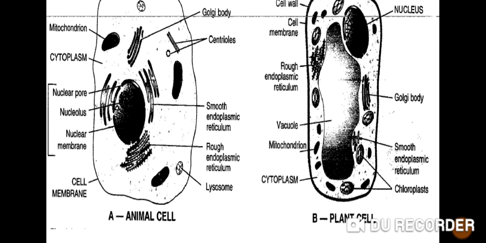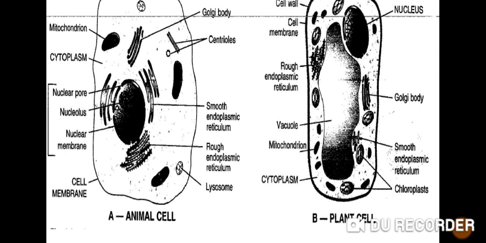And if no ribosomes are found attached to it, then such an endoplasmic reticulum is known as smooth endoplasmic reticulum. Apart from this, we have centrioles, which are required for cell division. Their role seems to be more prominent during cell division.